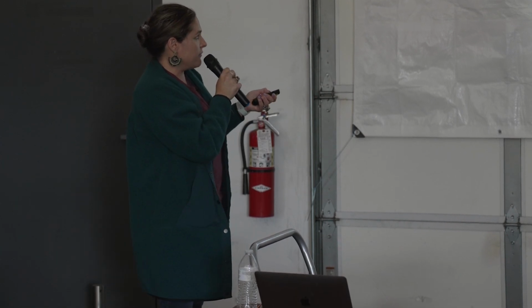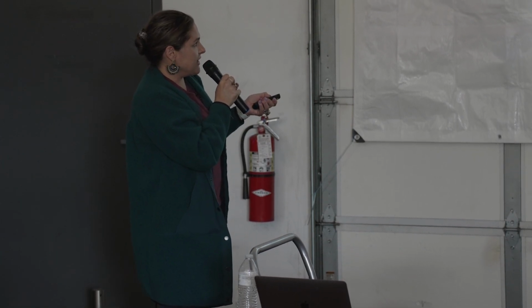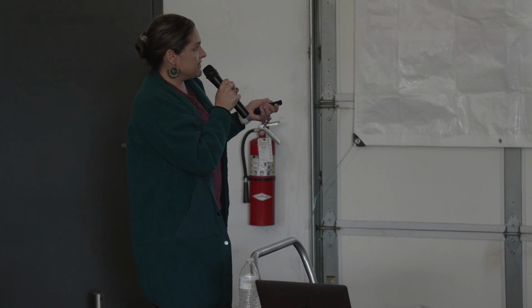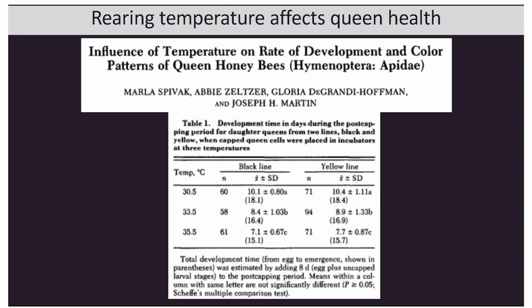So instead of emerging at day 18, they emerged at day 16 for 2 degrees higher, and then at day 15 for 2 degrees higher still, which means that these queens are expediting their development and probably not growing as big as they should have had they developed at a normal time.